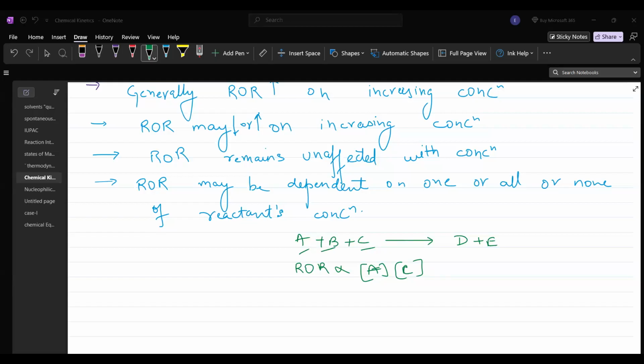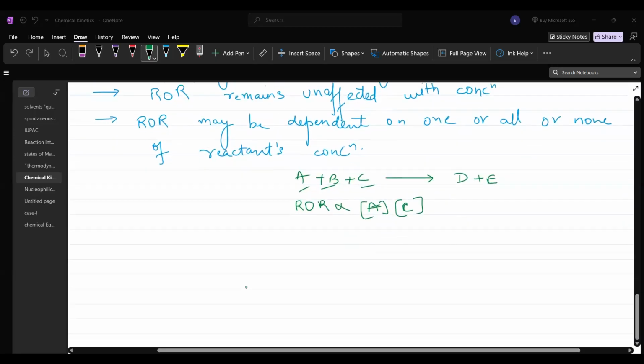So to understand this point, we have to go to the next topic, which is known as rate law. So what does rate law say? You may have written this now.